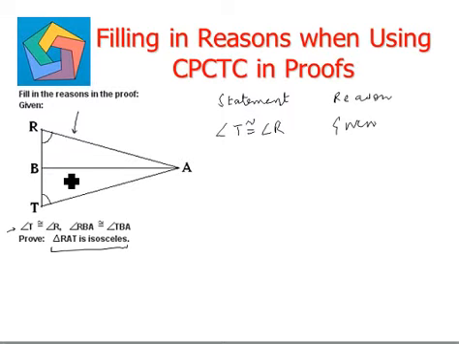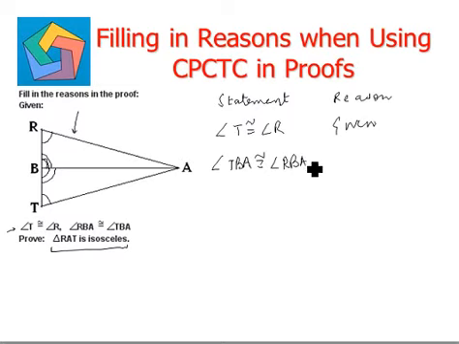Angle RBA, let's mark it, is congruent to angle TBA. So we write first angle TBA is congruent to angle RBA.